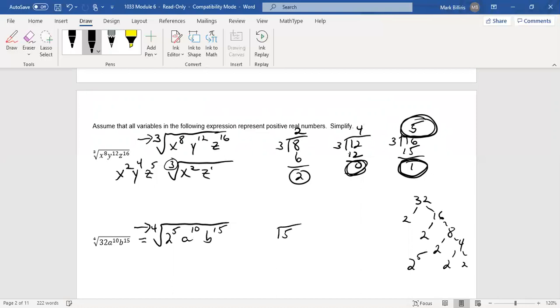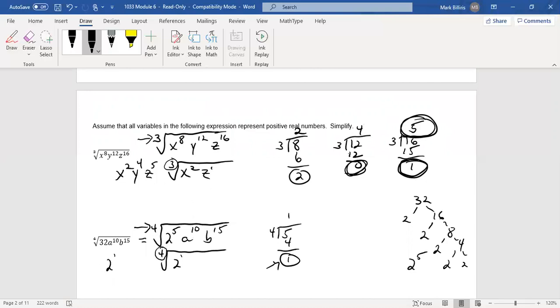My index in this case is 4. So 4 goes into 5 one time with a remainder of 1. That means I can take out one factor of 2 and 1 remains because of my remainder. Notice again, I put my index 4 back in as a part of my answer.